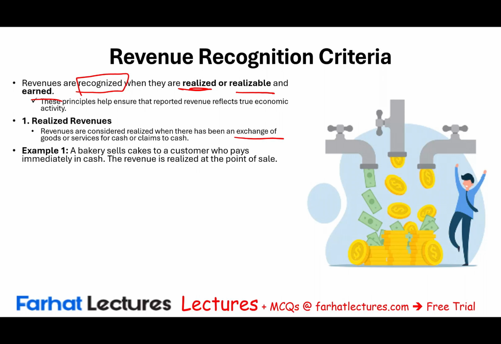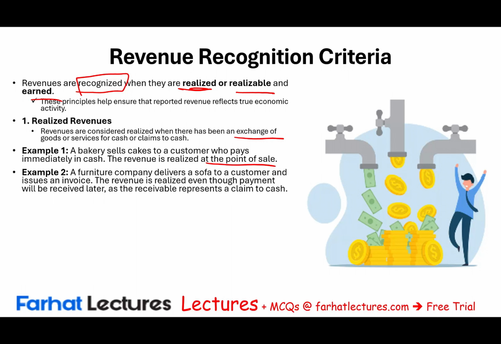So a bakery sells cakes to a customer who pays immediately in cash. The revenue is realized at the point of sale. Now also, if that customer did not pay, promised to pay, we still have revenues. A furniture store delivers a sofa to a customer and issues an invoice. That's good enough. The revenue is realized even though payment will be received later, as the receivable represents a claim to cash. That's also revenue.